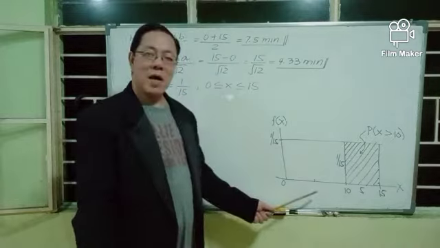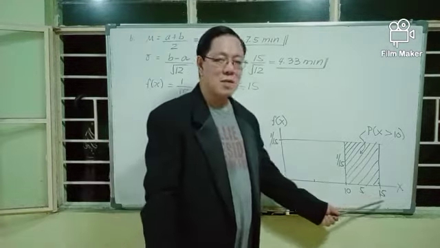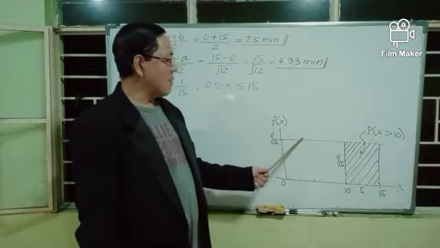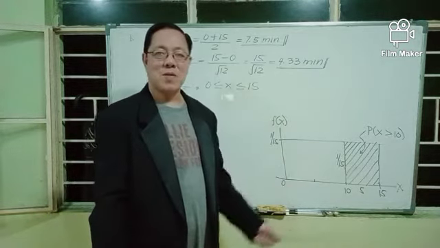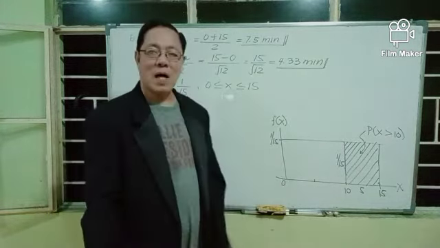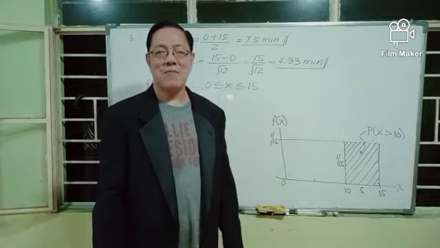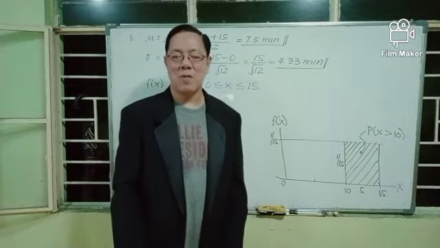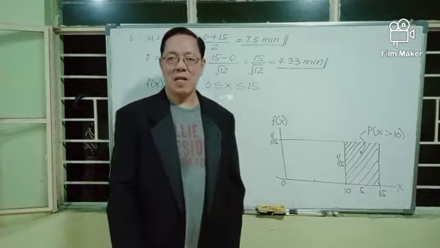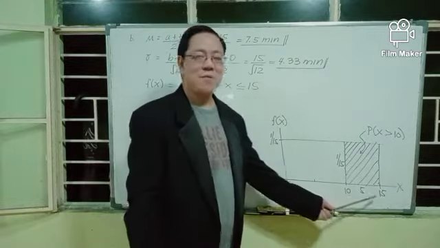For any value of x between 0 and 15 minutes, the value of f of x is always 1 over 15. And this is the graph of the probability density function f of x equals 1 over 15 for values of x between 0 and 15.